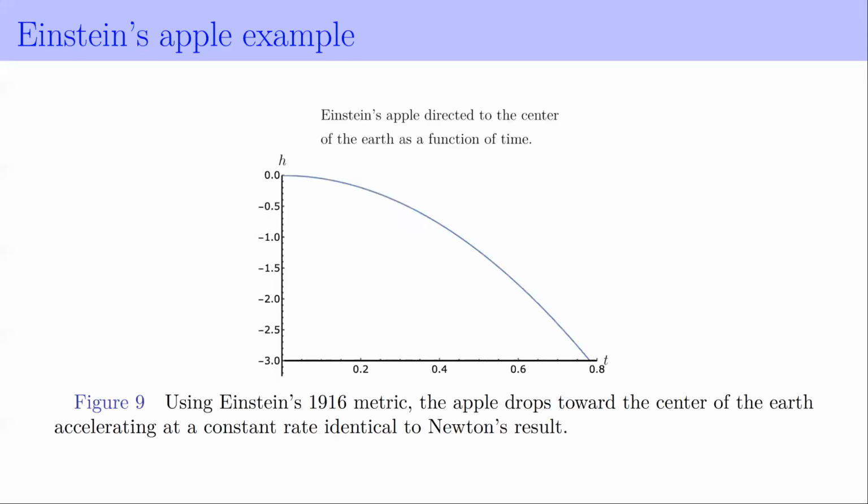So Einstein's apple looks identical to Newton's, but using Einstein's 1916 metric, which had no spatial curvature whatsoever, the apple drops to the center of the Earth, accelerating at a constant rate.